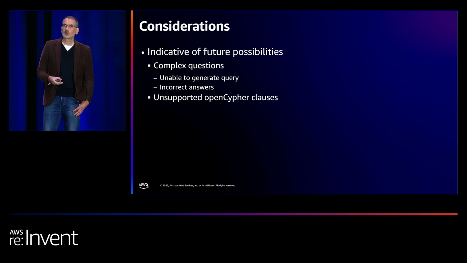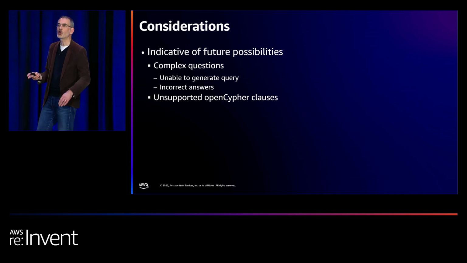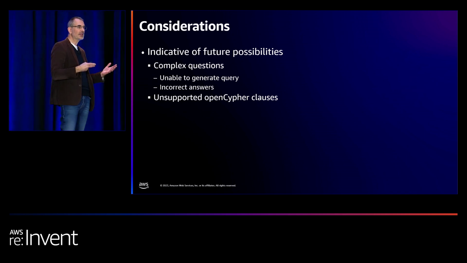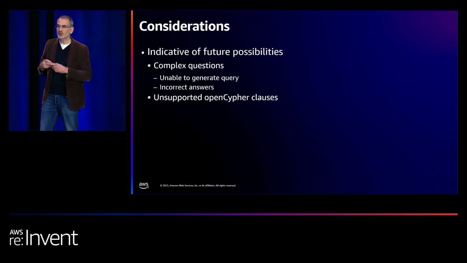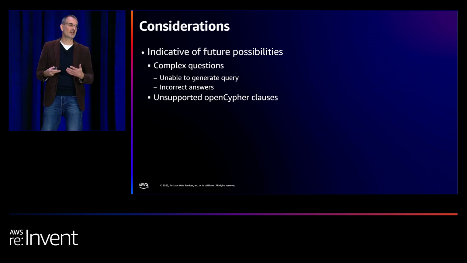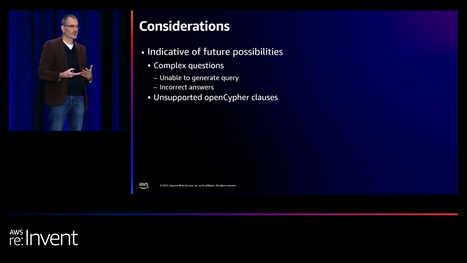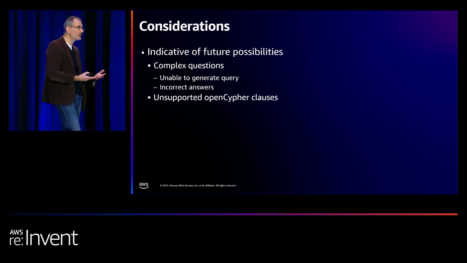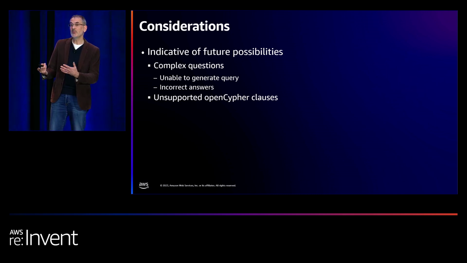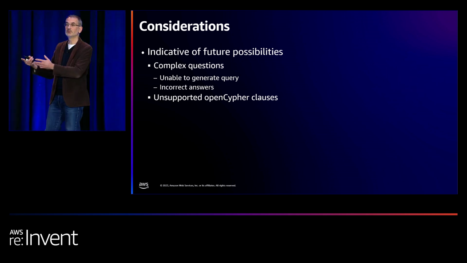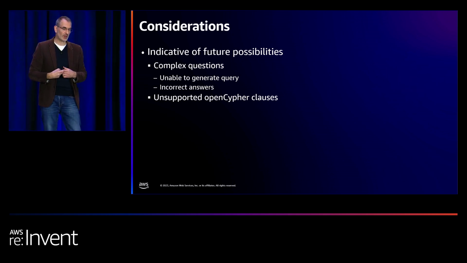Okay, so it works really well for nice, simple questions. With more complex questions, things begin to break down. And this is common across all of the models that you may be working with. So the work today is probably indicative of future possibilities. If you ask more complex questions, you may get a valid openCypher query, but it may generate nonsensical results. It may run, but the results are not appropriate to answering the question.